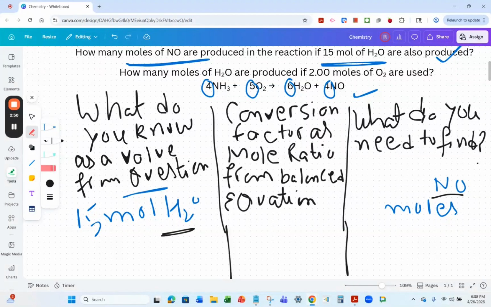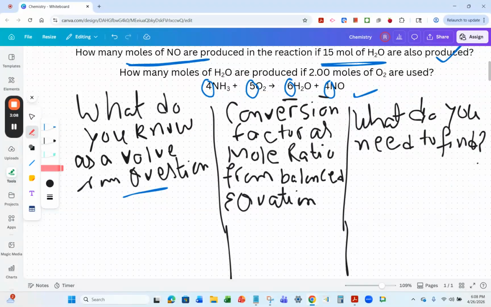In my balanced chemical equation, I have 6 moles of water and 4 moles of nitric oxide. I will write down these numbers one more time so that I can show you how to proceed with the question.